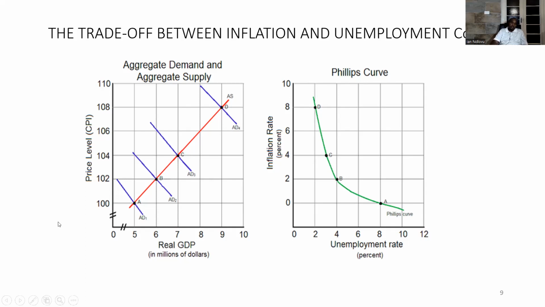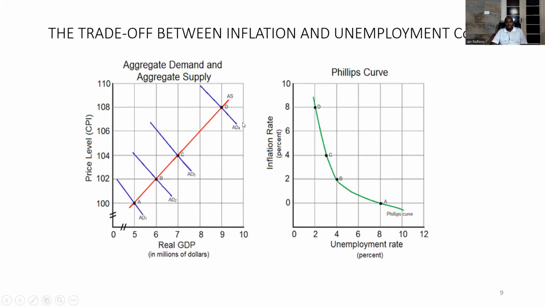But look at your AD curves, 81, 82, 83, up to 84. They are all downward sloping, and as they shift upwards, we are just moving along the same aggregate supply curve. Point A is point A on the short run Phillips curve. Point B is point B on the short run Phillips curve, up to point D, which is that point on the short run Phillips curve.